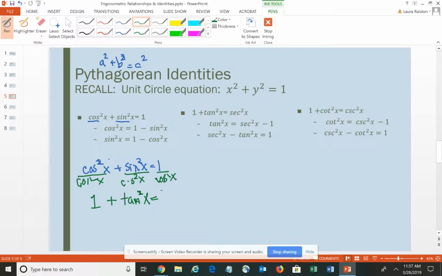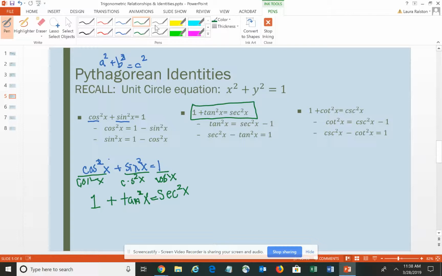So we have the reciprocal of cosine is secant squared x. So that's how we come up with this relationship, because we basically take the original cosine squared plus sine squared and divide everything by cosine squared. And then again, I can algebraically manipulate that and solve it for tangent squared or secant squared.